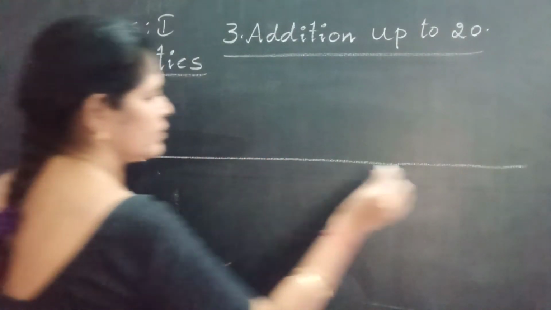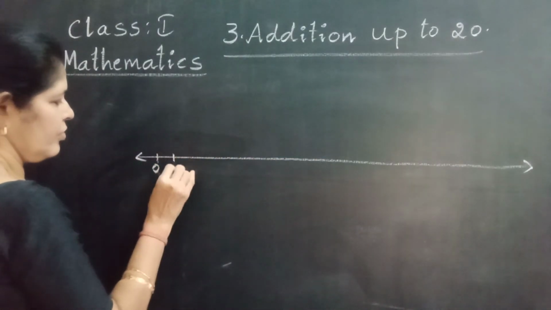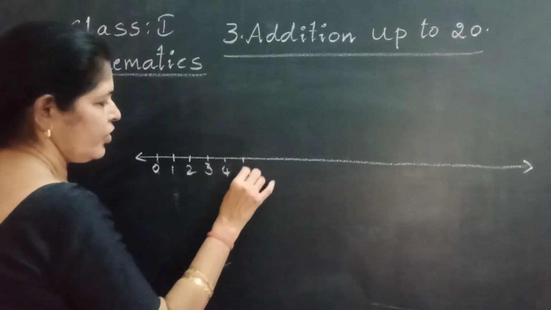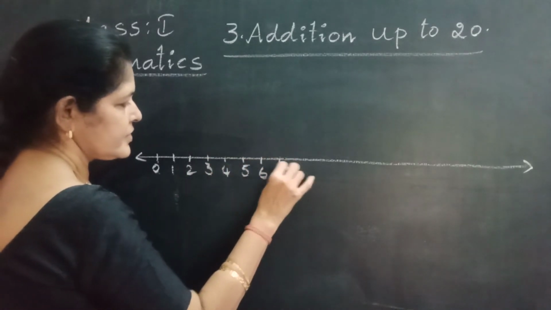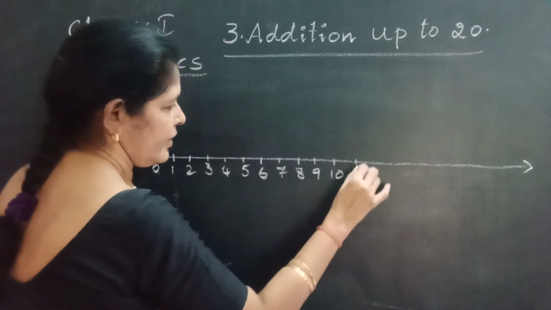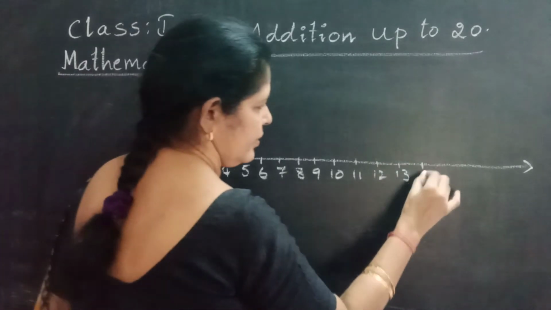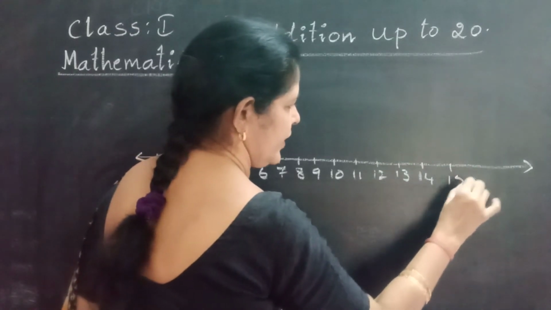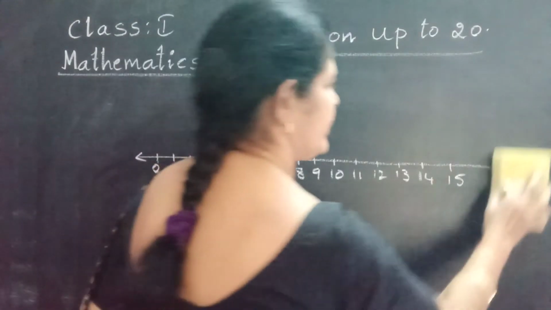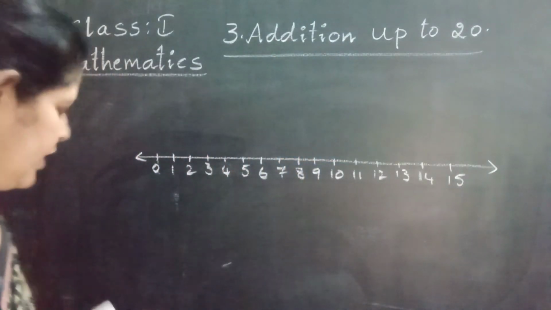Starting number is 0, 1, 2, 3, counting forward: 5, 6, 7, 8, 9, 10, 11, 12, 13, 14, 15. This number line goes from 0 to 15.